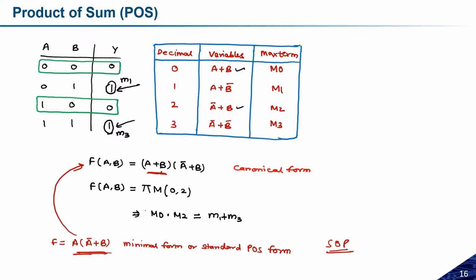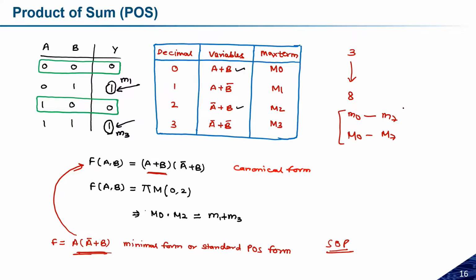Now, the second thing can be done like this: if I have three variables, the total possible combinations are eight. So min terms will be from m0 to m7, and max terms will be from M0 to M7. Okay, so these are the min term and max term limits.